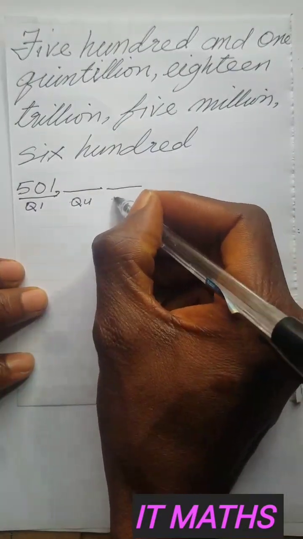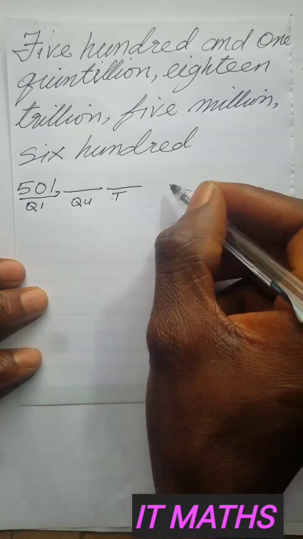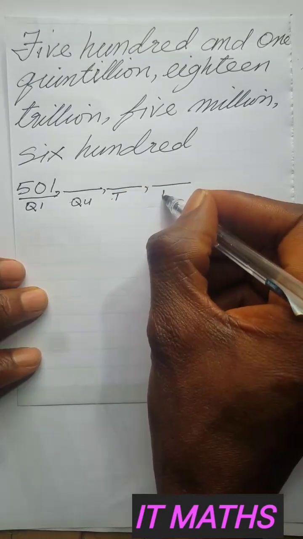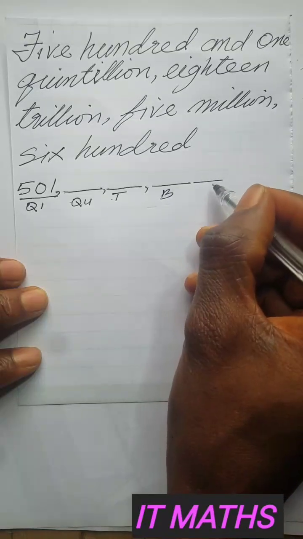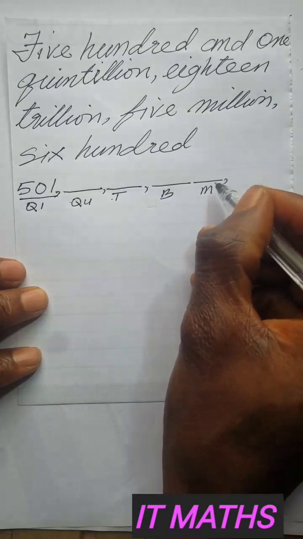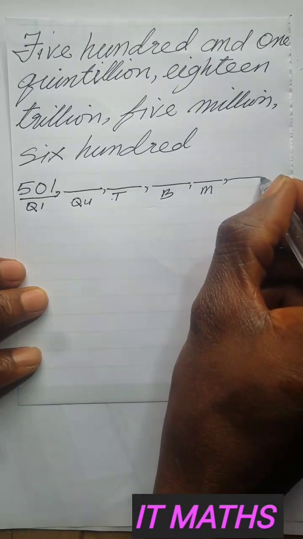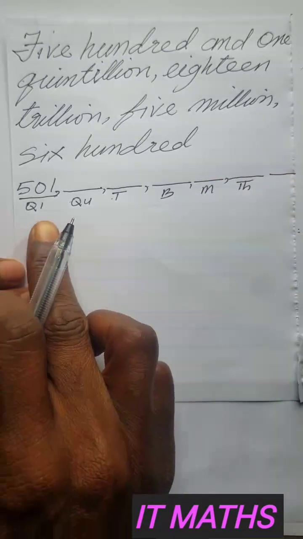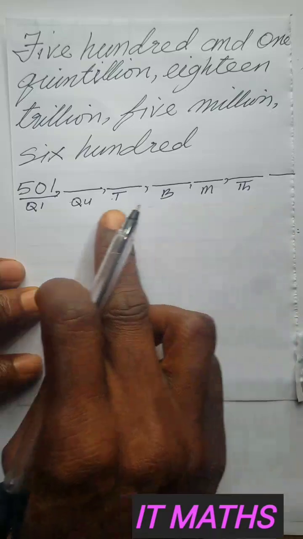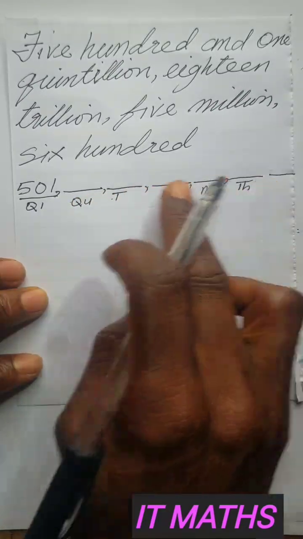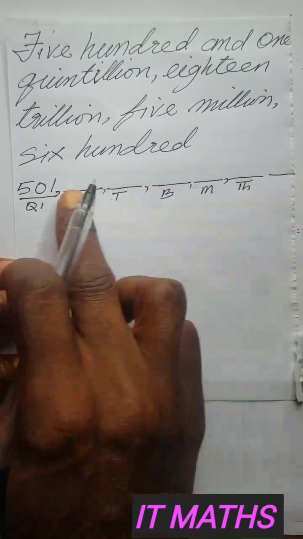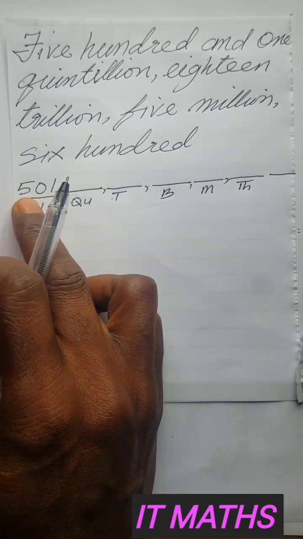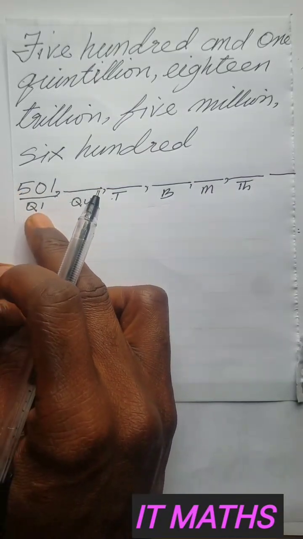Before the quadrillion, we have trillion. Before the trillion, we have the billion. Before that, the million. Before the million, we have the thousand, and then ordinary hundreds, tens, and units. With that, we can already see the number of digits that must be placed here before this 501 is called a 501 quintillion.